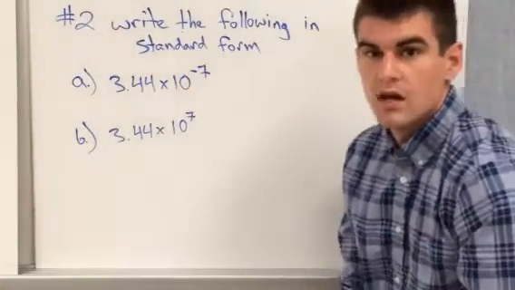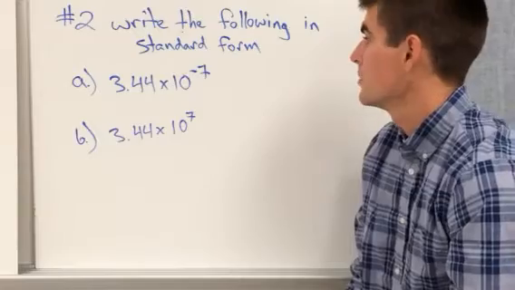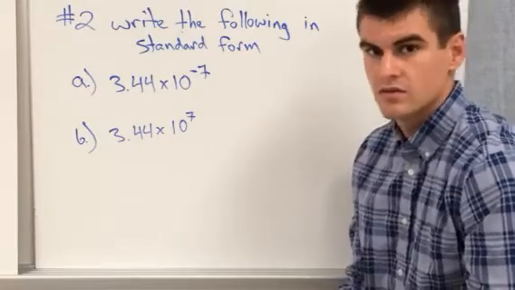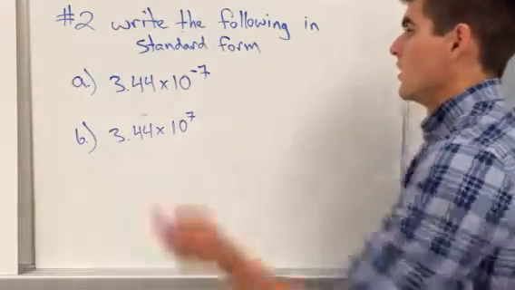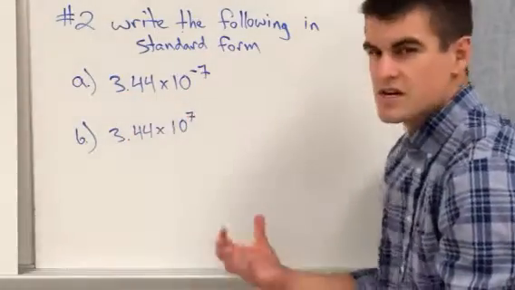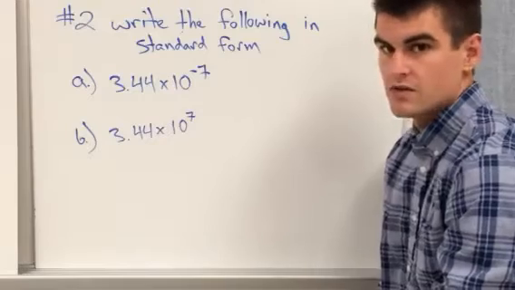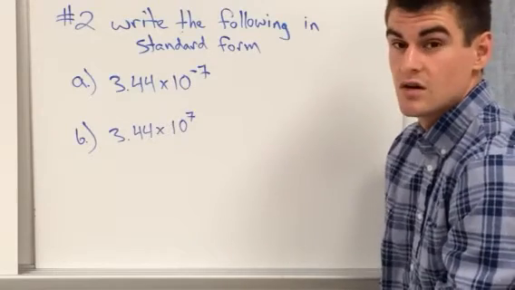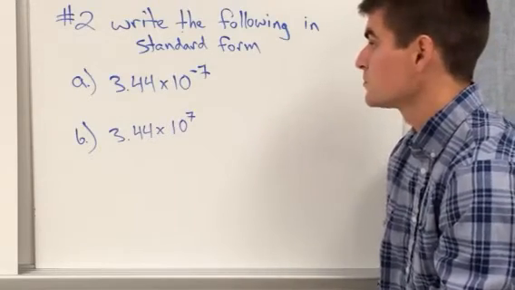Moving on, doing the opposite. Write the following in standard form. How does this look if you would normally write it? All right, so 3.44 is correct scientific notation here. It really doesn't matter if I give you correct scientific notation or not. You just need to know which way to move the decimal.